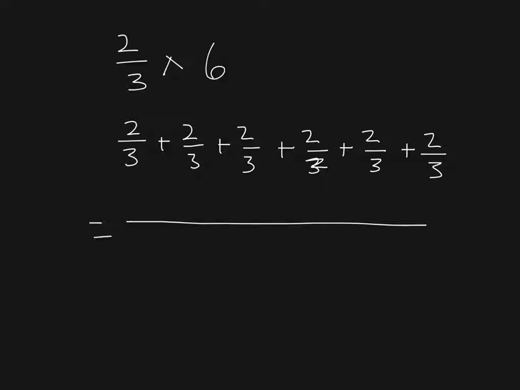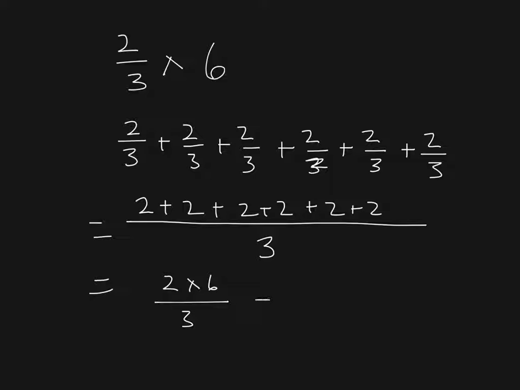I could just put the denominator down here and add the numerators together. 2 plus 2 plus 2 plus 2 plus 2 plus 2. And that also equals 2 times 6, because 6 copies of 2 is the same as 2 times 6 as my numerator over the denominator of 3, and of course that is the same as 12 over 3.